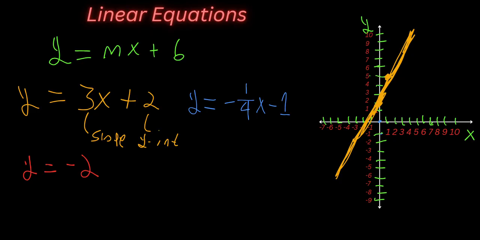Then we have our next y-intercept at -1, so we shade it in there, and our slope is -1 over 4. Okay, so that means we run 4 for every 1 we fall. So 1, 2, 3, 4, and down 1. So right about there.